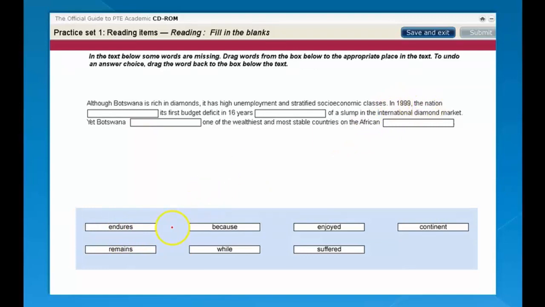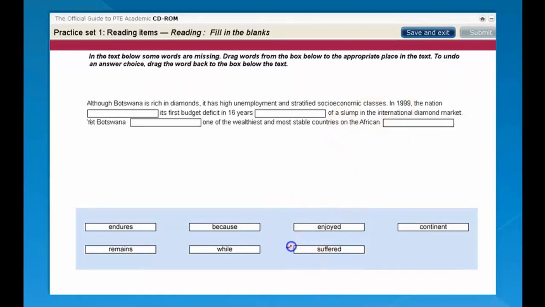Because is a conjunction, so that doesn't work. Enjoyed, nobody enjoys a budget deficit. Continent is a noun. Remains, also again the wrong tense. While, conjunction. Suffered. Suffered is the right word because it is the proper tense and it matches the tone of the rest of it.